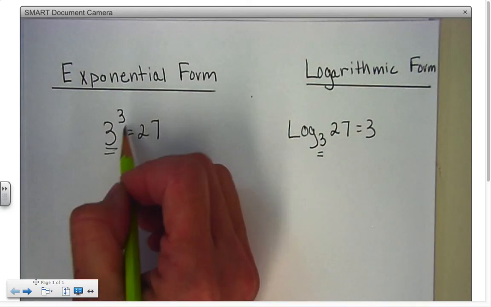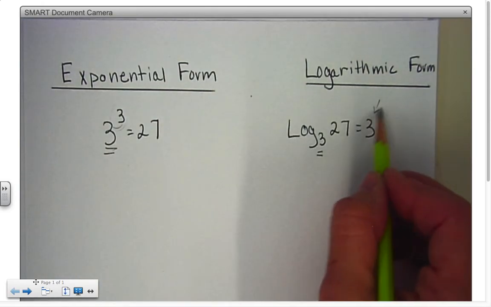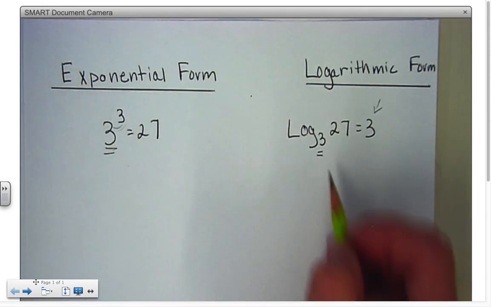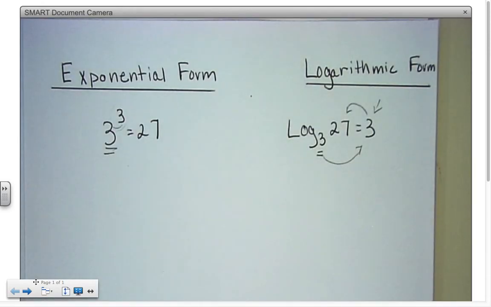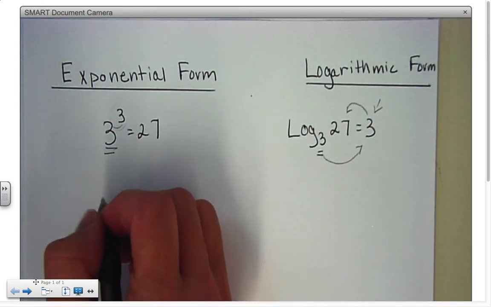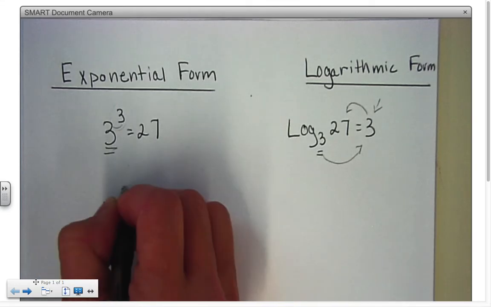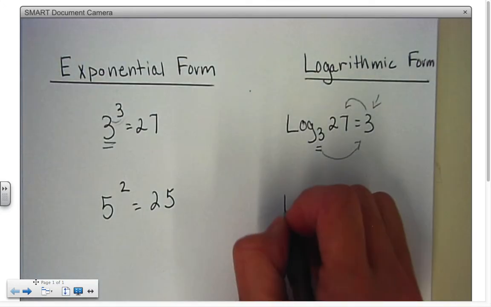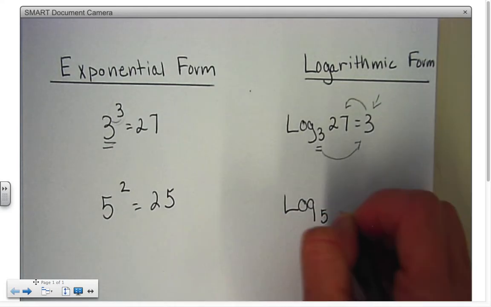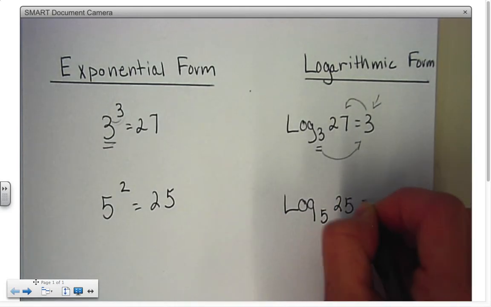The part that's the exponent is after the equals. Of course, 5 squared equals 25. In log form, that would look like log base 5 of 25 equals 2.